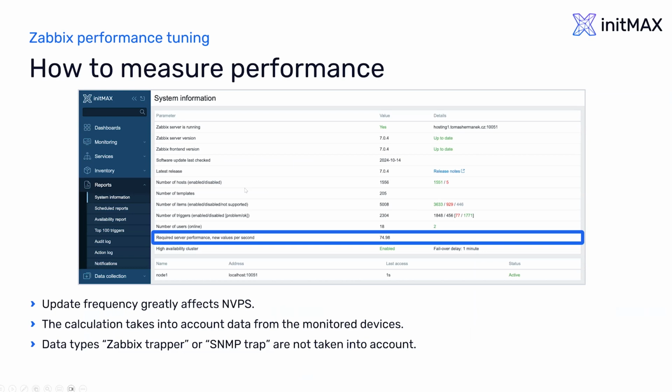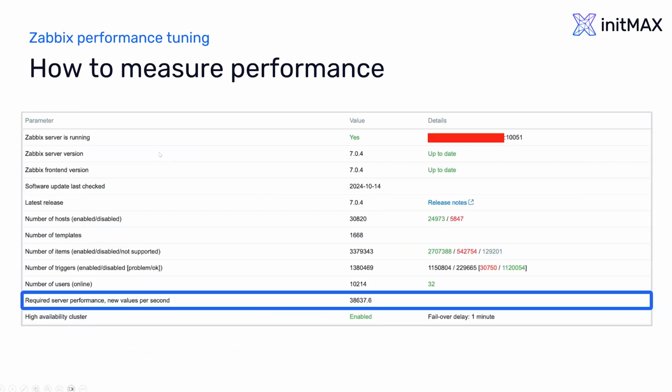Yeah, so let's move on. This is another example screenshot of a real production installation of how Zabbix can perform: 38,000. It's actually quite a lot. As I said, I worked 9 years with Zabbix, and trust me, I've seen quite a lot of all sorts of different Zabbix installations, and 38 is a lot.